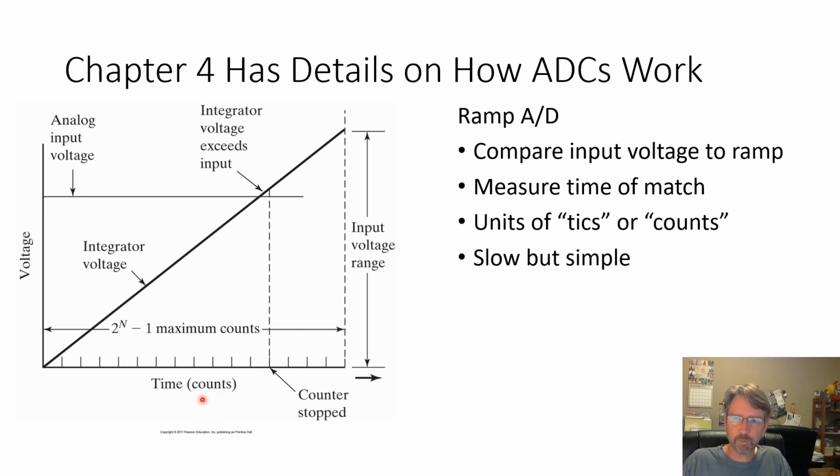So that's where the units of ticks comes from, because they're timer ticks, but also counts makes sense. So that's a ramp analog to digital converter. They're slow because you have to wait for this ramp to get up to the actual voltage. But they're very simple.